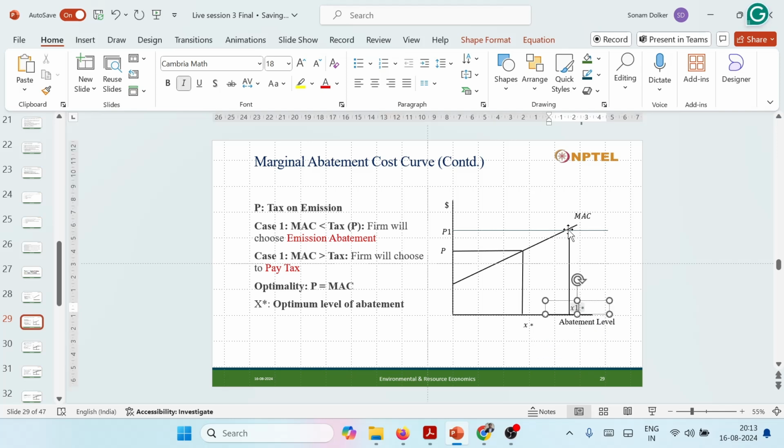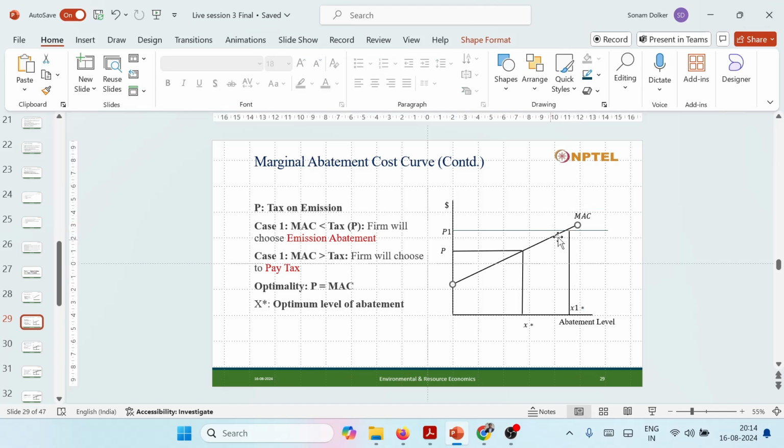Till X1 star, the firm will choose to abate its emission; however, after X1 star, the firm will choose to pay tax. Is it clear?